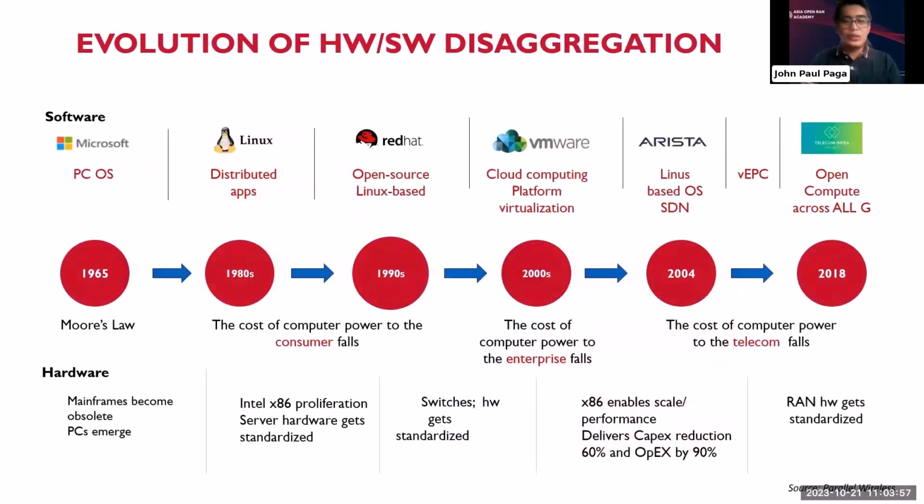As we review, this is the evolution of hardware and software disaggregation. In 1965, we have Moore's law, where every 2 years the number of transistors on a chip doubles. In the 1980s, the cost of compute power to the consumer falls because instead of mainframes, we now have x86 platforms, so general purpose hardware is more available on the market. In the 1990s, we have open source Linux, or enterprise open source software.